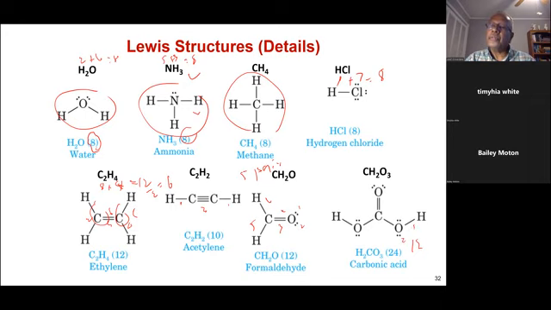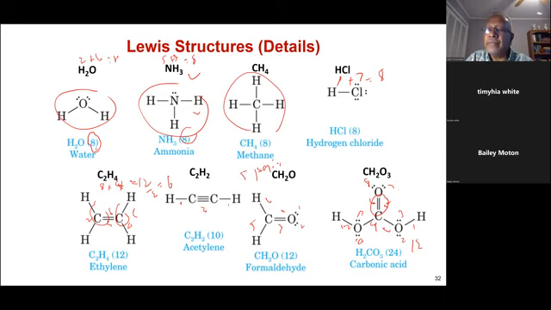1, 2, 3, 4, 5, 6, 7, 8, 9, 10, 11, 12. So if somebody asks you how many double bonds are in the molecule, there is 1 double bond right here.